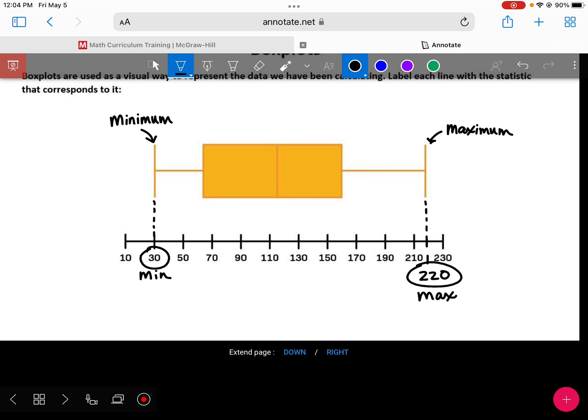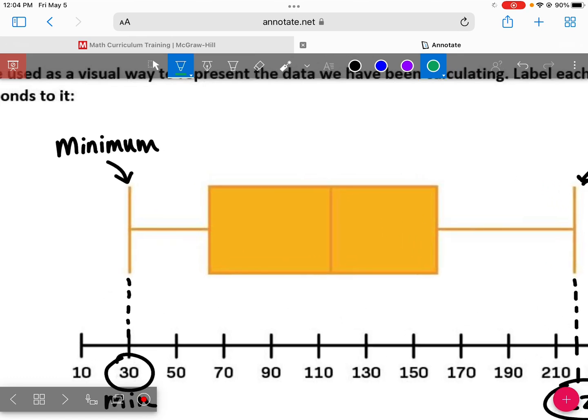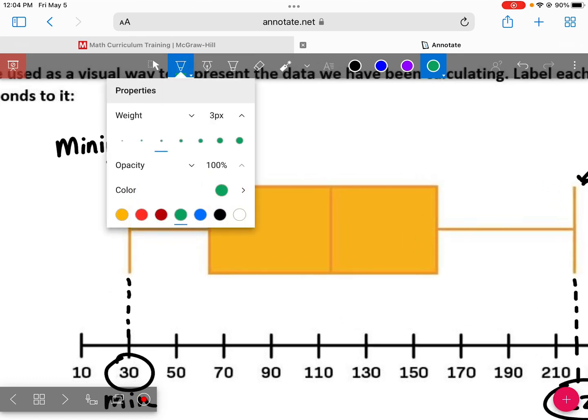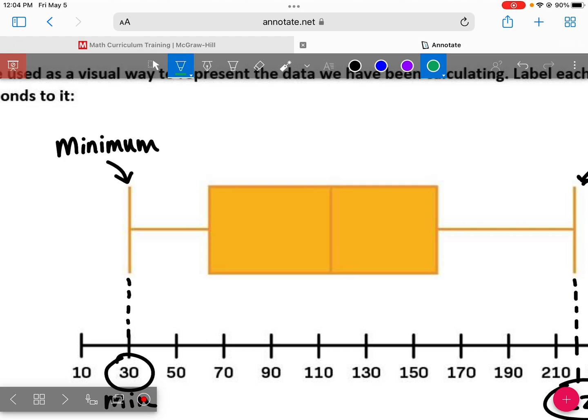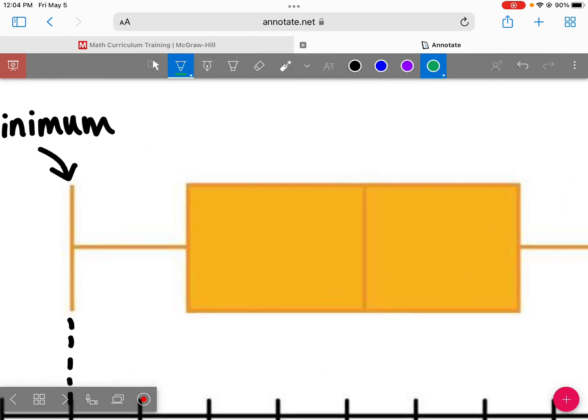I have to kind of estimate it because it's not falling right on a number. So minimum and maximum are the farthest left and farthest right.